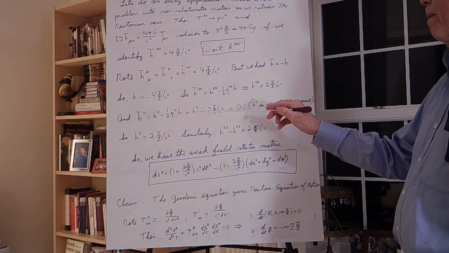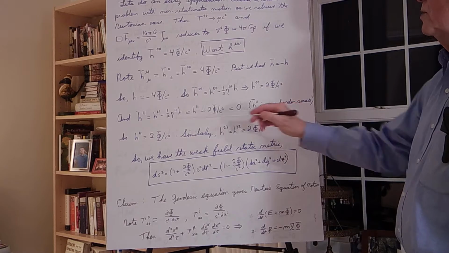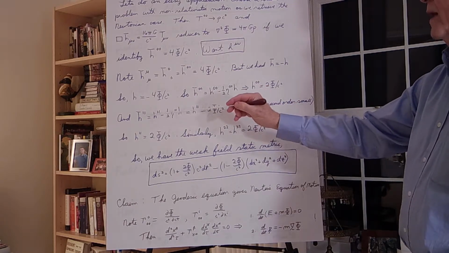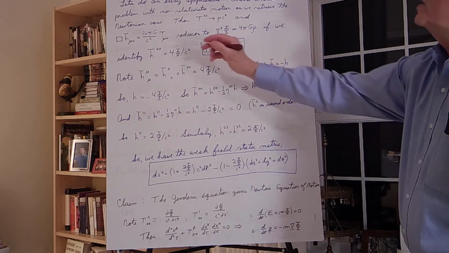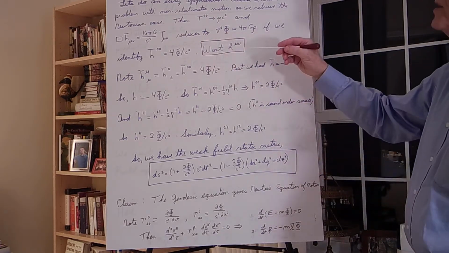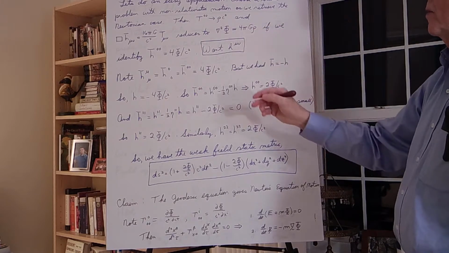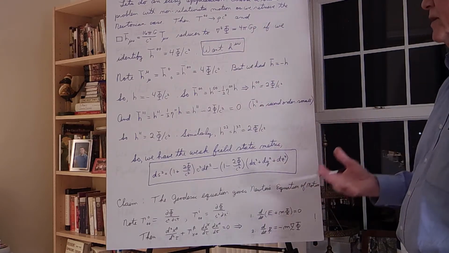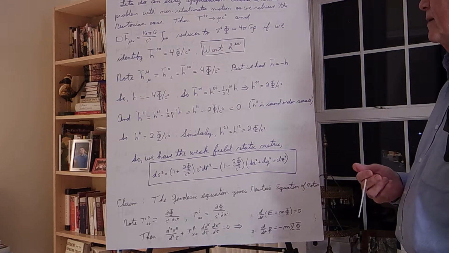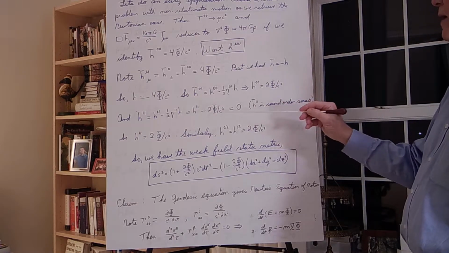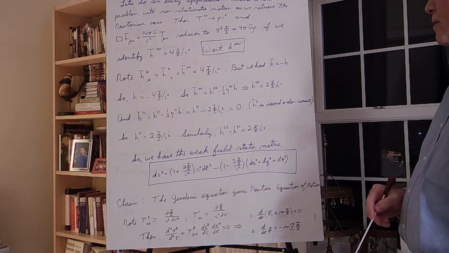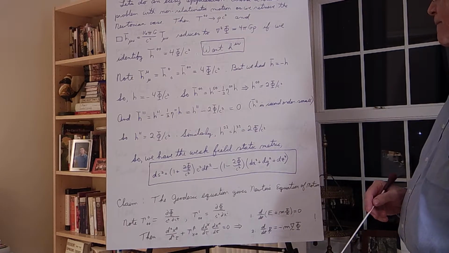On the left hand side I have h bar upper 1,1. But remember, from this equation here, the only large term is 0,0. So the h bar 11 term is essentially 0. It's lower order. So that tells me that h upper 1,1 is equal to twice the Newtonian potential over c squared.